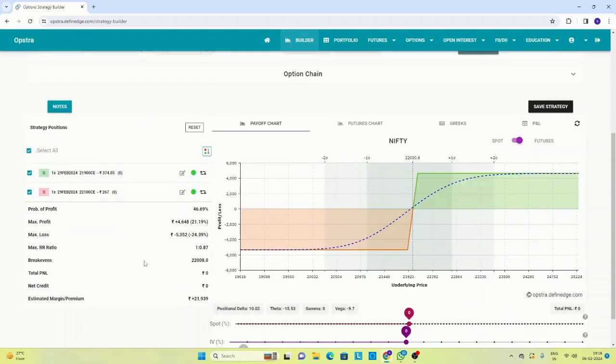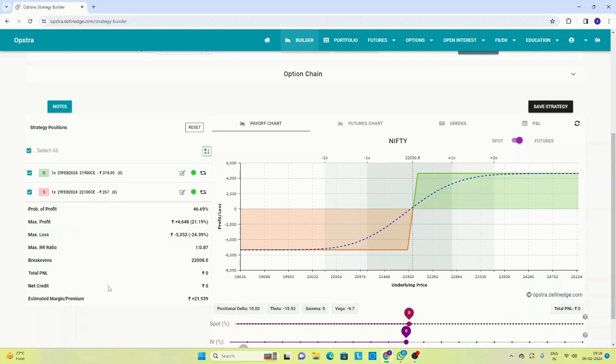If you look at the calculation here, the estimated margin, which is the capital, is 21,939. If you sell one lot of Nifty, we saw the approximate capital is around 1 lakh. Since we have hedged with a buy, the overall cost of capital is reduced. In this example, it is just 21,939.